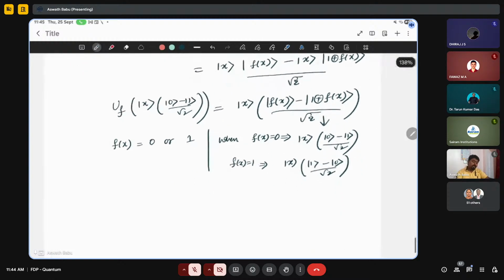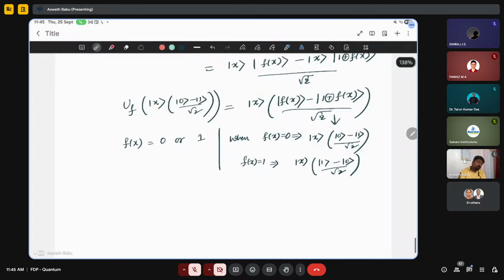Now if you carefully see, when f of x is equal to 0, I am getting this system. When f of x is equal to 1, I will get a minus of x, 0 ket minus 1 ket, divided by square root of 2. So in both cases I am getting the same state, but in the second case I am getting a minus 1.